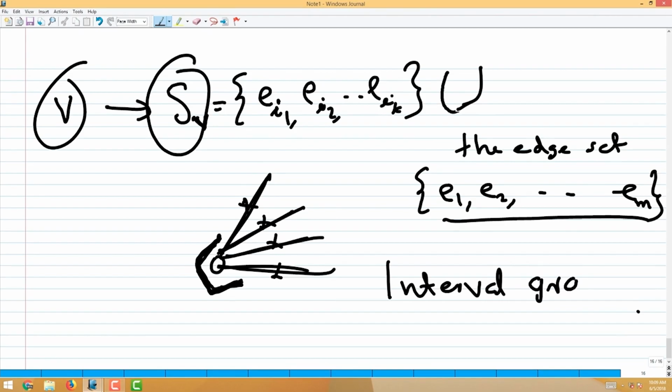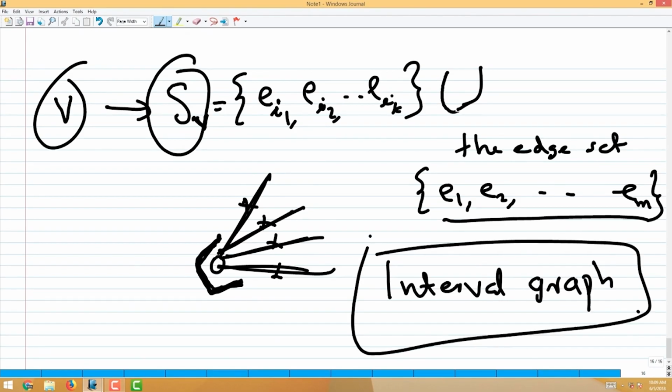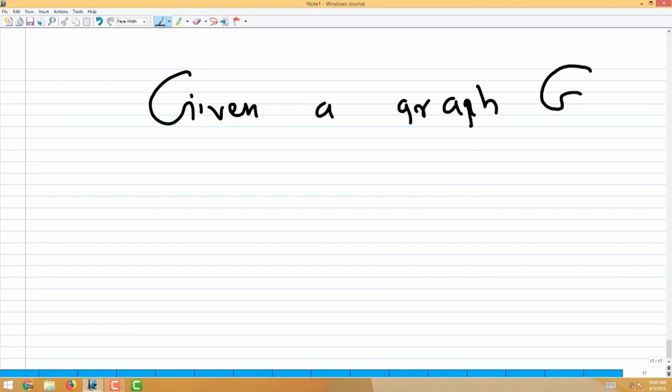Now the reverse question, the question we usually ask, is: given a graph G, can I find an interval representation?